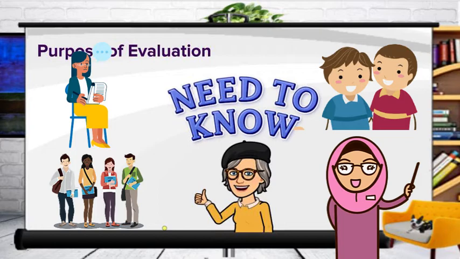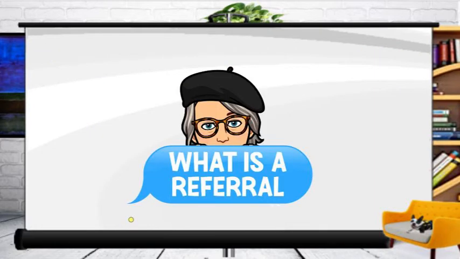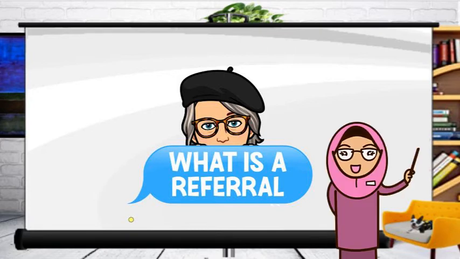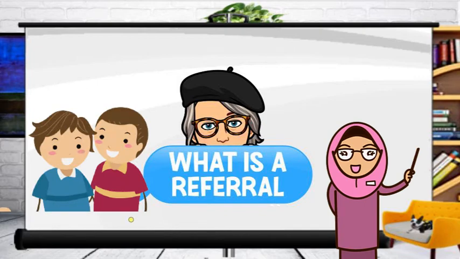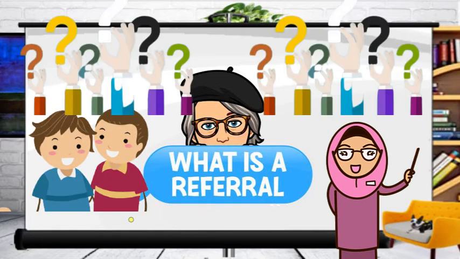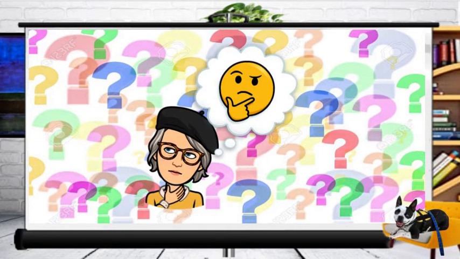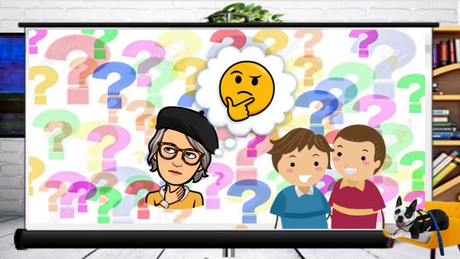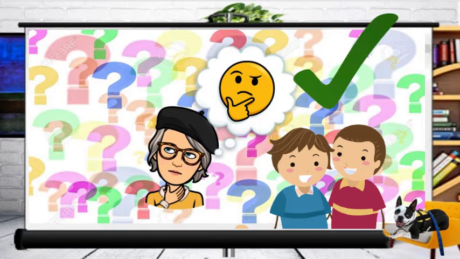for special education services. It's important to remember that a referral for an evaluation means that a student's teacher or a student's parent needs more information in order to better understand how to help that student achieve success at school. If a student is referred for an evaluation, the parent must give permission before any testing can begin.